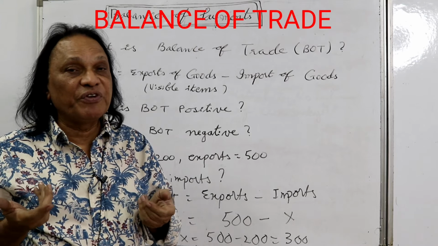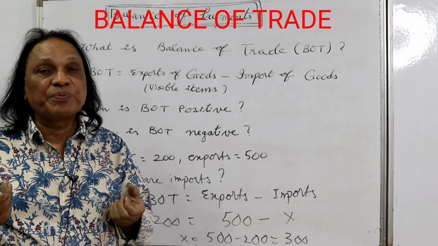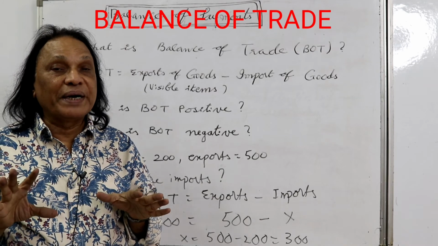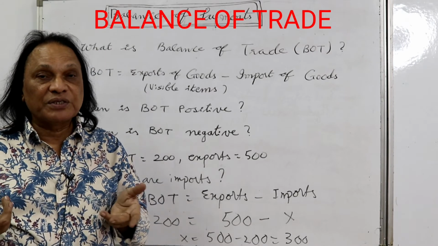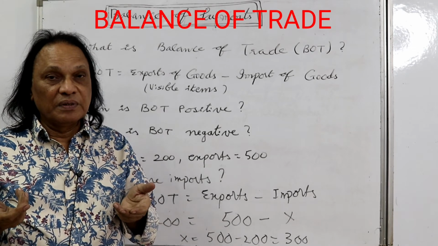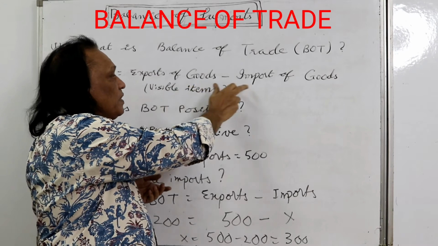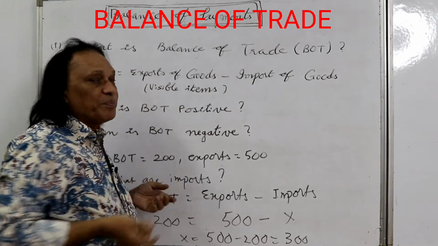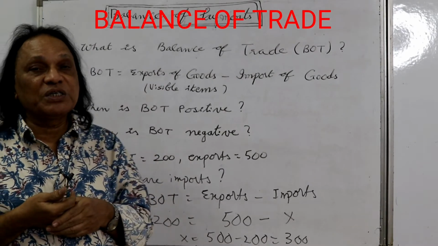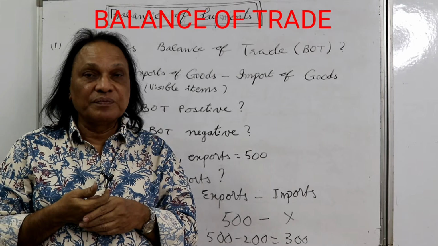BOT is the difference between visible items, between exports and imports of, mind it, only goods. In economics, we call them visible items. BOT is equal to exports of goods minus import of goods, that is, exports of visible items minus import of visible items. Visible items means which you can see and touch, tangible goods in fact.